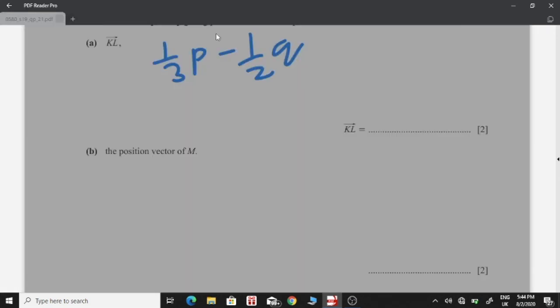We had KL as 1 by 3P minus 1 by 2Q, and so we can have KM as the half of this. So 1 by 3 divided by 2 becomes 1 by 6. We have KM as 1 by 6P minus 1 by 4Q. This is KM.